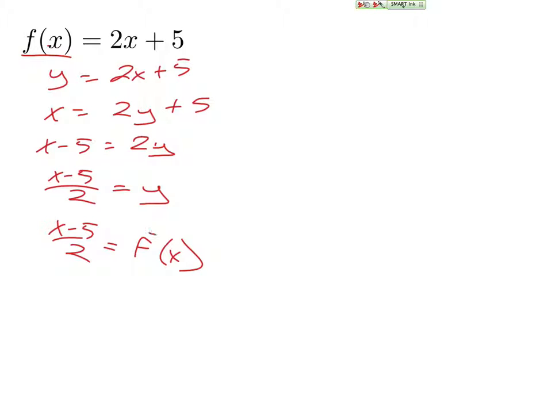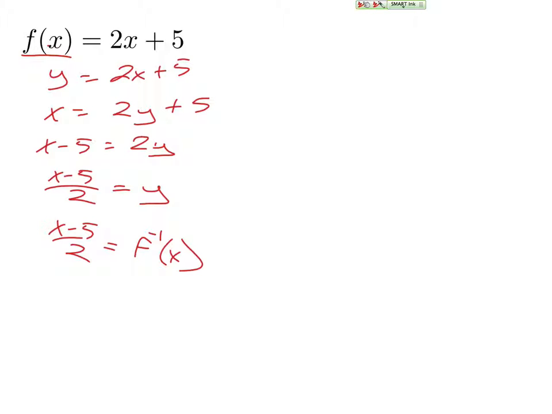You put in a -1 up there. That tells you that you're dealing with the inverse of that. Okay, so what was step one? Replace the f of x, g of x, h of x, whatever it is with y. That's step one. Step two, switch x and y.